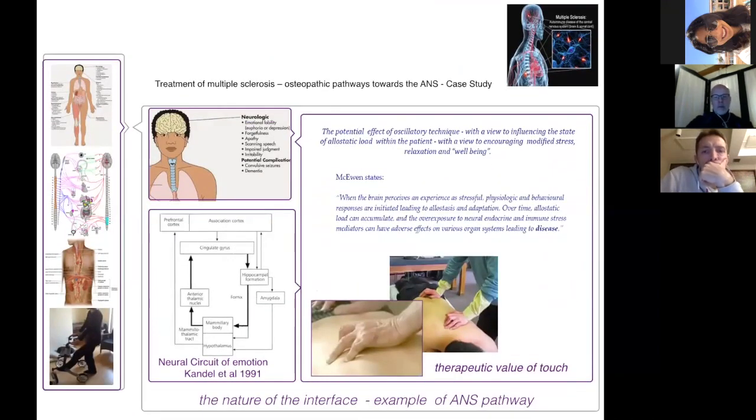So again, we're dealing with the consequences of prolonged stress, the influence of the condition on the patient. And we're also dealing with the whole emotional aspect of things too. The body is adapting quite often to this change in influence of the HPA axis, the autonomic balance, and the neuroendocrine influences too.